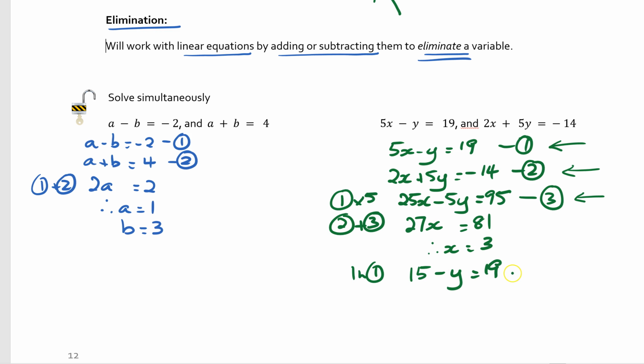So take that 15 across, minus y equals 4, therefore y equals minus 4. So x equals 3, y equals minus 4 would be the solution to that. And again, pictorially, that means that the point (3, -4) is where these two straight lines, that's what linear functions are, intersect with each other. And we only expect one solution for these. If we get more than one, we've done something wrong.